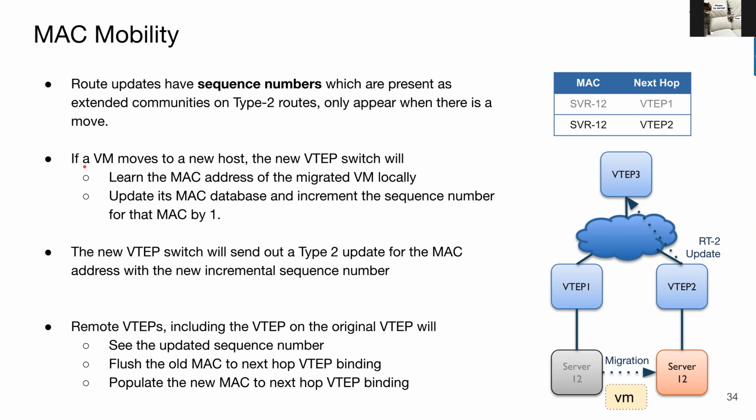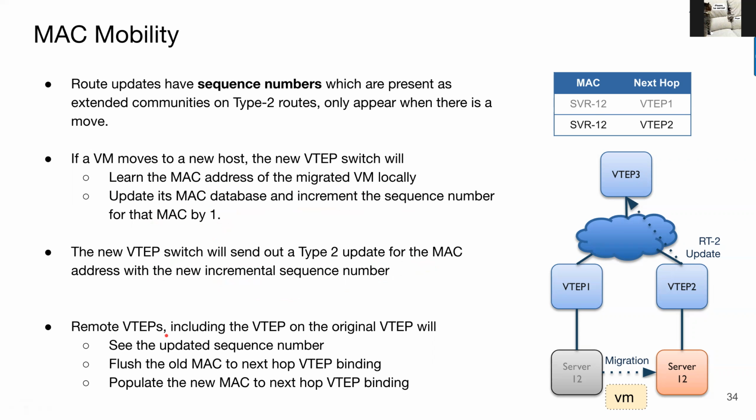So for example, if a VM moves to a new host, the new switch will learn that MAC address of the migrated VM locally. It updates its MAC database and increments the sequence number for this MAC by 1. The new switch immediately sends out a type 2 update for its new MAC with the new incremented sequence number.